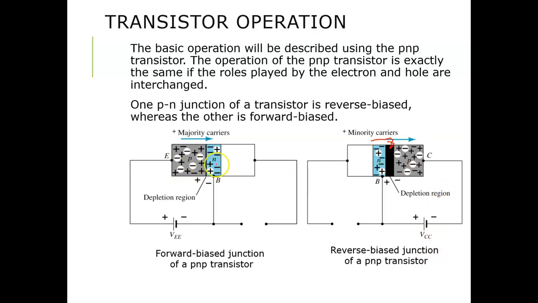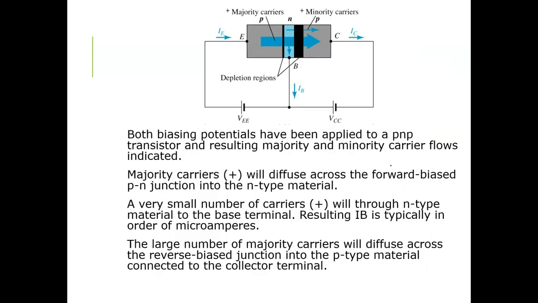As you see in this diagram compared with the previous one, where the region was getting thinner, here an additional layer is added. This is the reverse bias. The same thing applies to the flow of current, with majority carriers and minority carriers, and the transistor works.